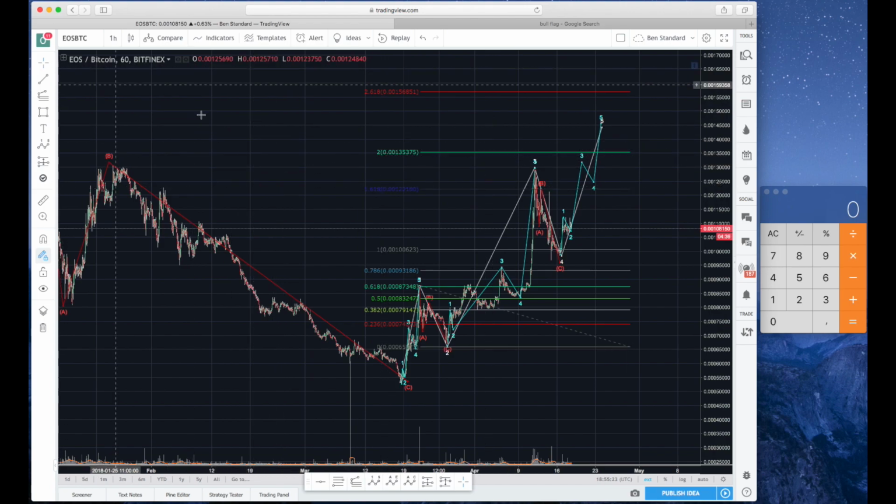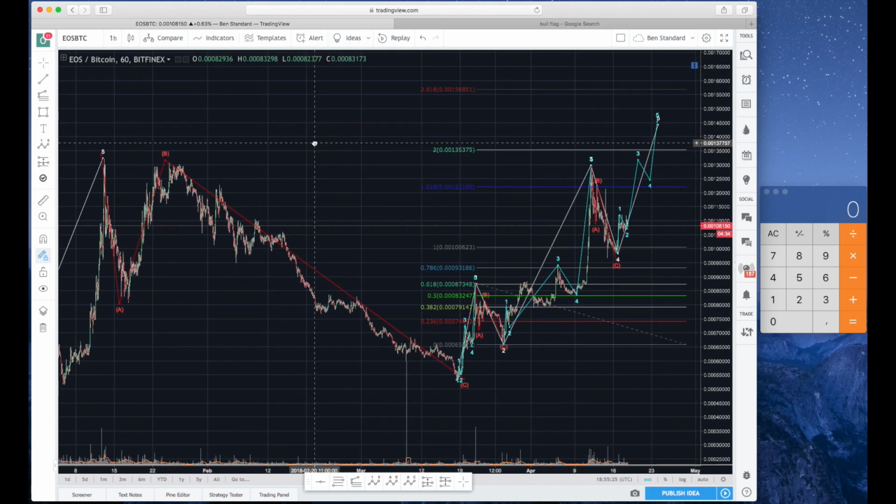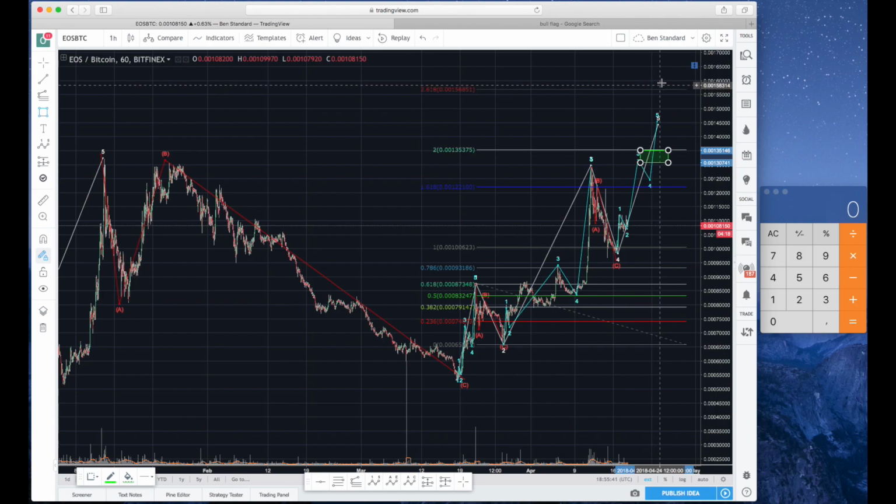So I would set a target around, to be conservative, I would set a target around this area because there's a lot of resistance. But I wouldn't be surprised if we could hit new all-time highs around this area as well.